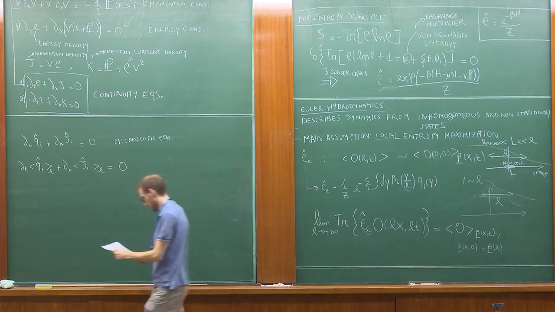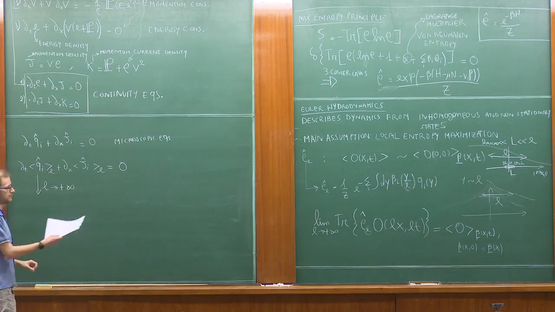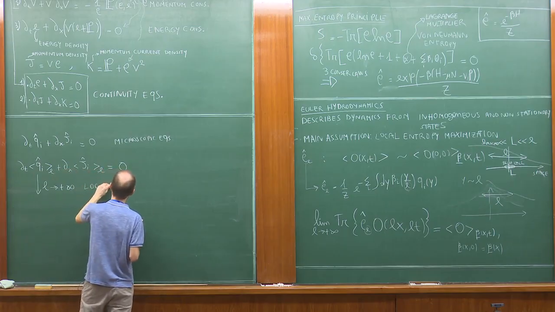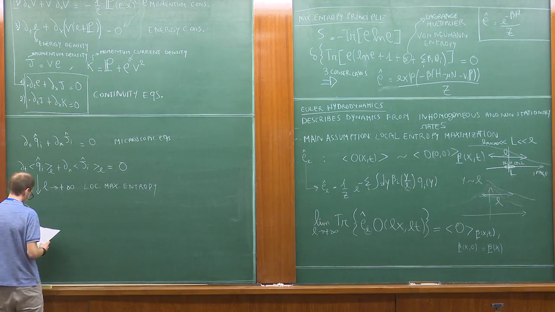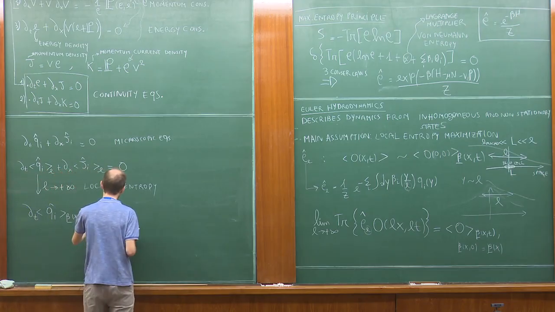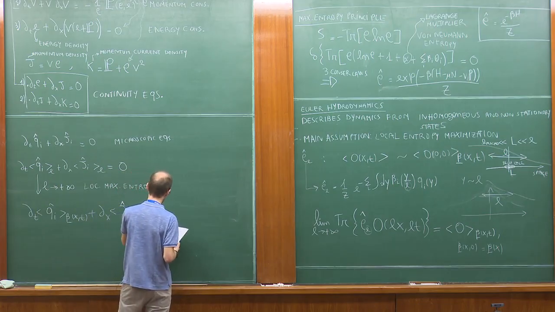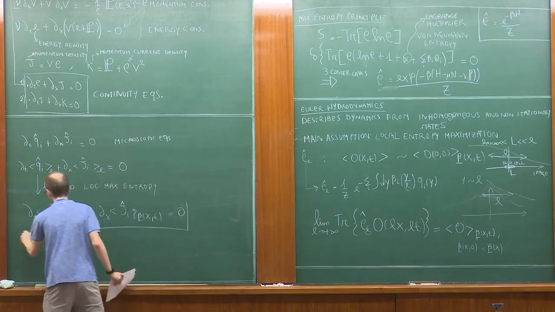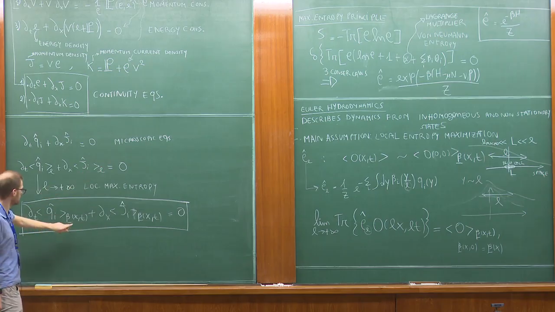Okay. And if you then take this limit, l to infinity, and you use the local maximal entropy principle, then we get essentially something like d_t of the density plus d_x of the current equals zero, where now you see these averages of the density and the currents are evaluated over a local maximal entropy state of the Gibbs or generalized Gibbs form, like the one on the top part of the central blackboard, at the specific space-time point.